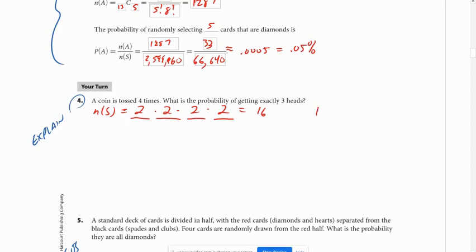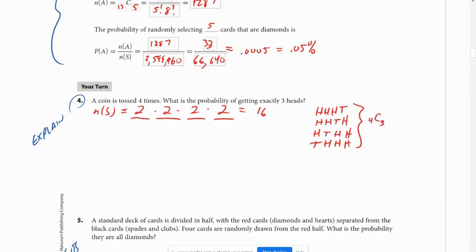So 3 heads could look like this. Heads, heads, heads, tails, or it could be heads, heads, tails, heads, or it could be heads, tails, heads, heads, or it could be tails, heads, heads, heads. And so we can easily count that there are 4 of those outcomes, but in the future, just so we don't have to list them all, this is 4 choose 3.